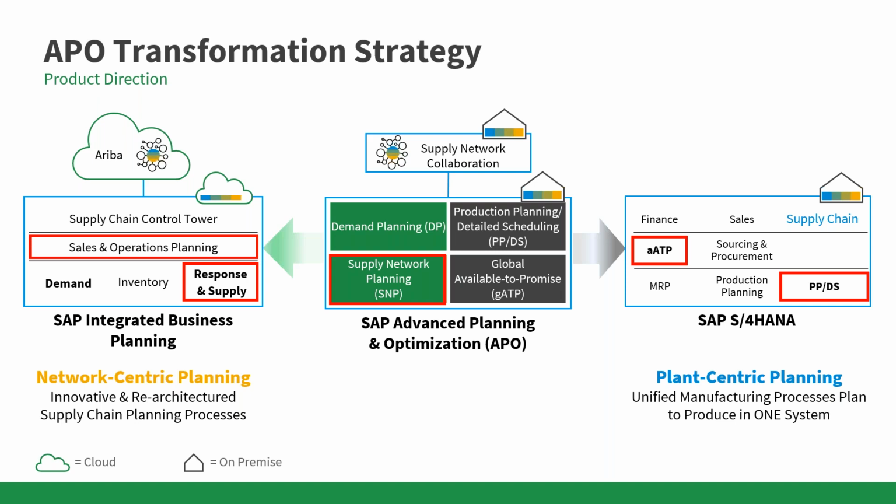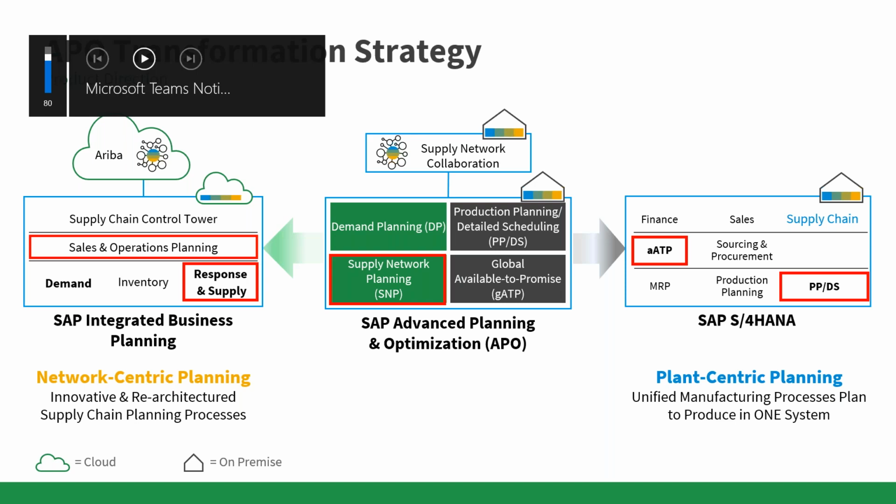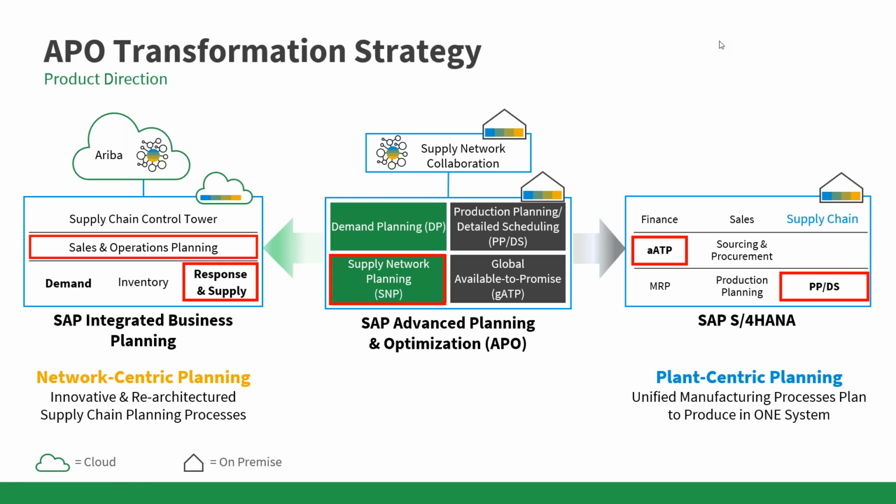Okay, sure. I think this slide is a perfect start, because it summarizes what has been shown already in this context: all about the APO transformation strategy from SAP. You covered pretty much already the left-hand side, with IBP, the planning solution for more network-centric planning activities when it comes to sales and operations planning, demand planning, inventory planning, but also operational response and supply planning in the network.